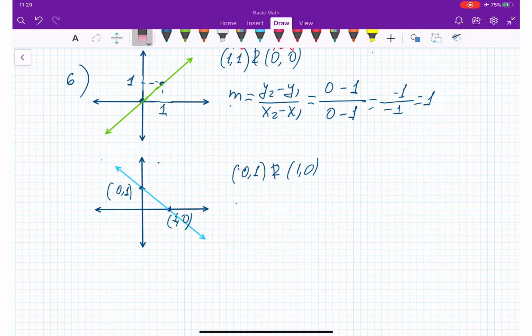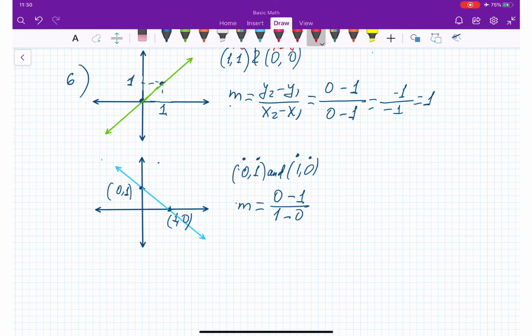So maybe not to confuse you, I can rather put there and. Okay, so m is equal to y2, let's say this 0 is y2, minus y1, and then x2 minus x1.